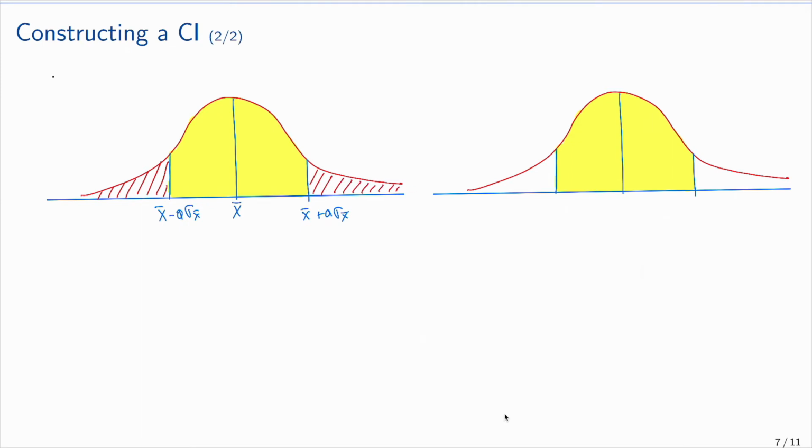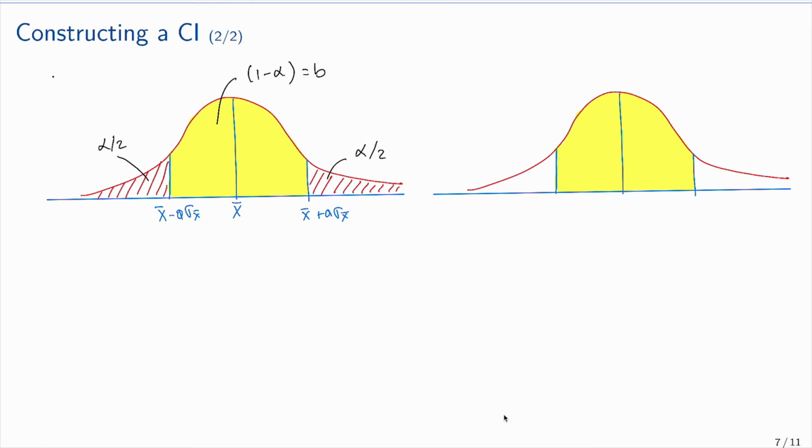We are going to call this alpha over 2, and that should be equal to this alpha over 2 because our interval is symmetric along x bar. The region in between is 1 minus alpha. So the whole area is equal to 1. This is equal to b in our last slide.